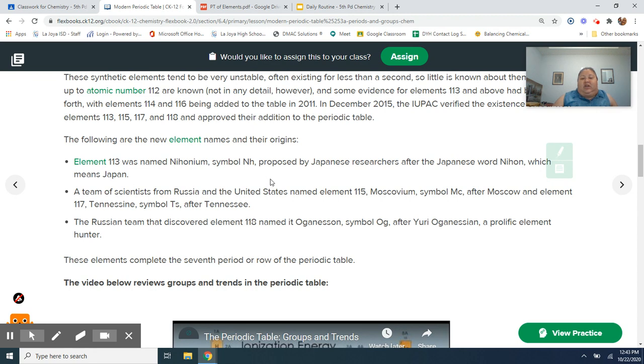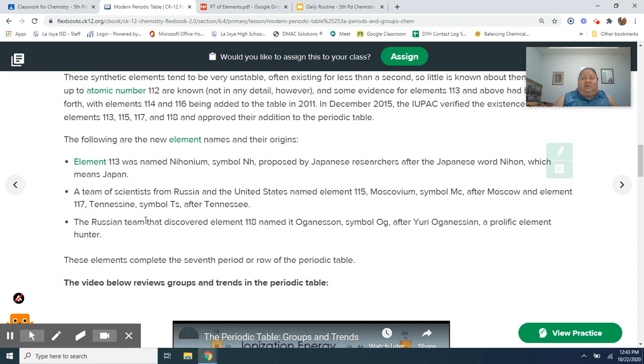Scientists from Russia and the United States named elements 115 and 117. 115 is called moscovium, symbol MC, named after the Russian city Moscow. Element 117 is named after the state Tennessee. It's called tennessine, and the symbol is TS.